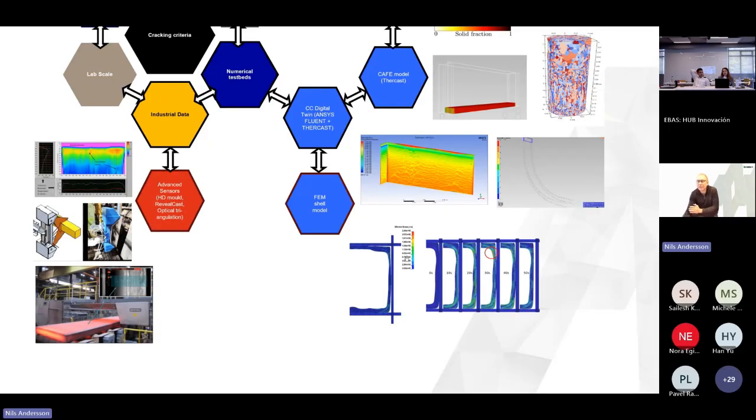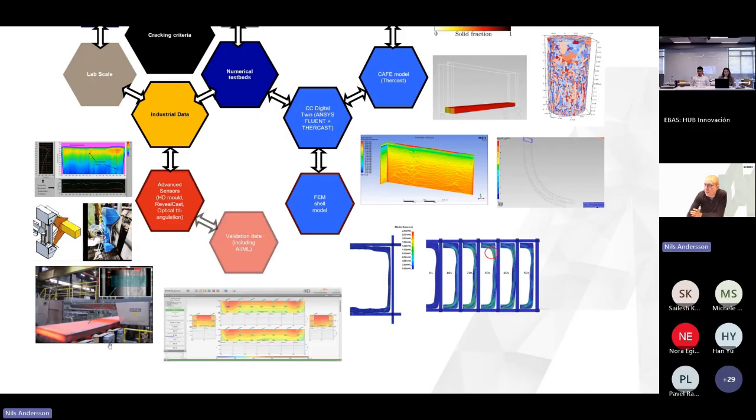And any model needs validation data. So we also have some advanced sensors looking at 2D maps of temperature within the mold, optical triangulations of corners, and optical imaging of the surface.